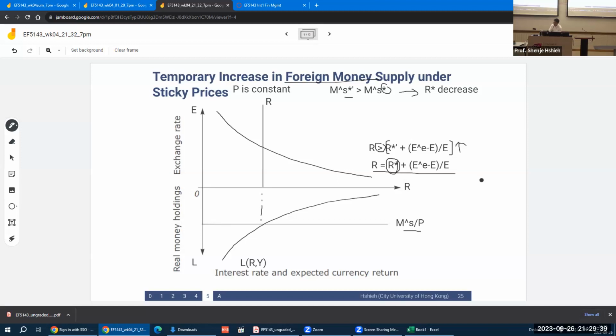And this can only occur if E increases or decreases? Decrease, exactly. So again, the way to think about it graphically is I kind of arbitrarily chose R, so for any R that I choose, I must have a lower E. So the entire UIP curve shifts downward.